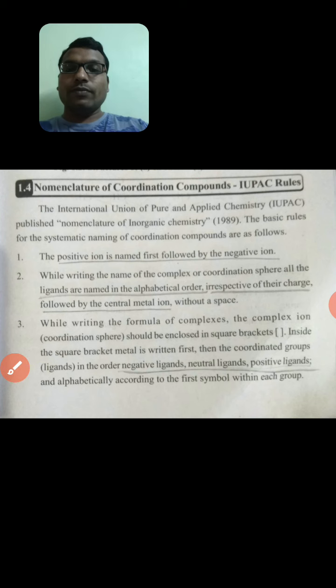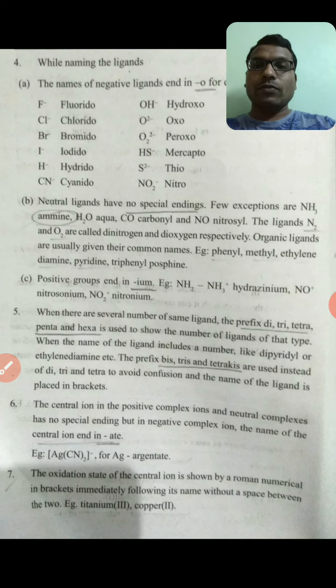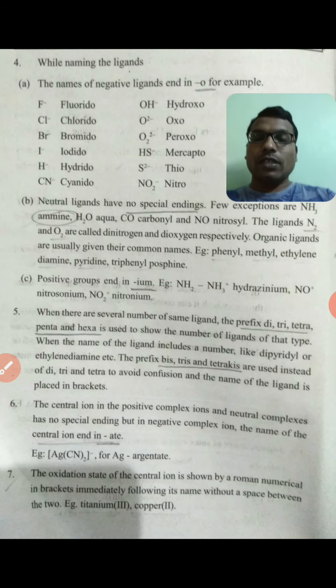So in this fourth point, you observe what is given here.